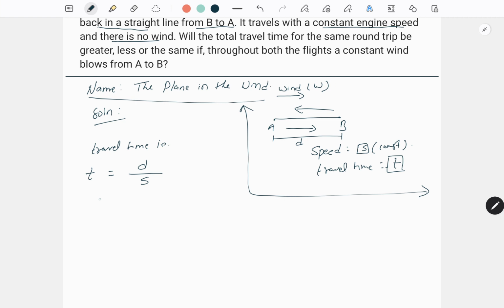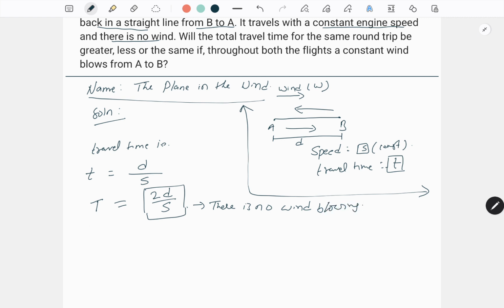What will be the total travel time for the flight from A to B and then back from B to A? The total time, let's represent this by capital T, will be 2d by s. This is the total travel time when there is no wind blowing.